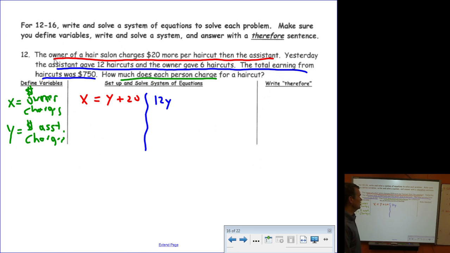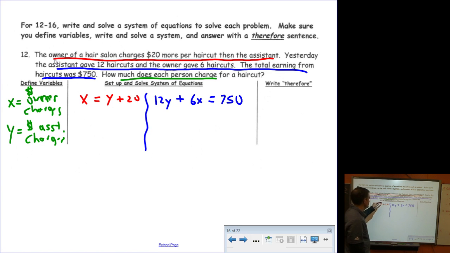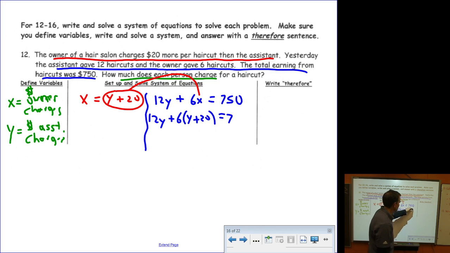And the owner gives 6 haircuts. So 6 times x would be the cost of 6 haircuts by the owner. The total amount is $750. So there's an equation that deals with all the costs. And I would probably solve this one by substituting what x equals into the other equation for x. So over here I'm going to write 12y plus 6 times x, which is y plus 20, equals 750.